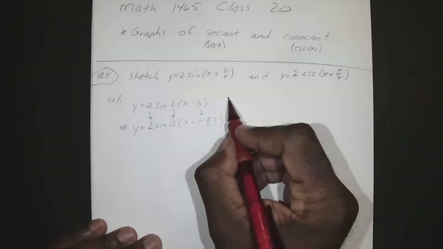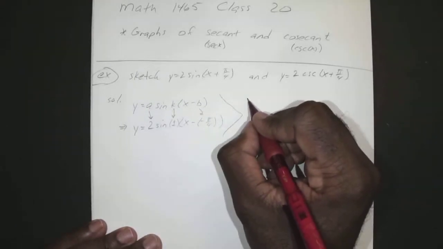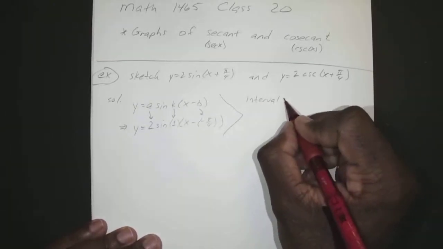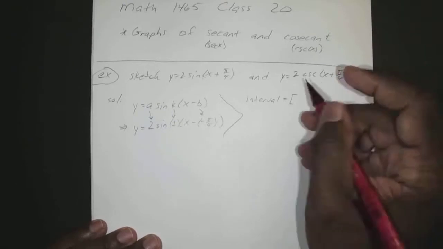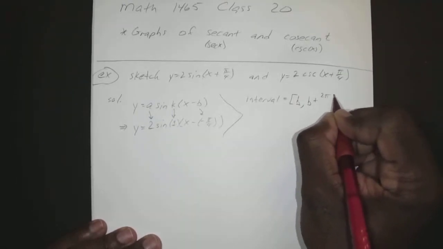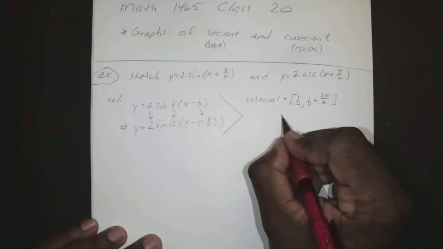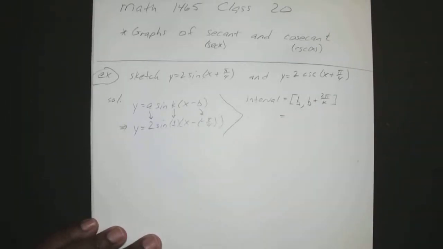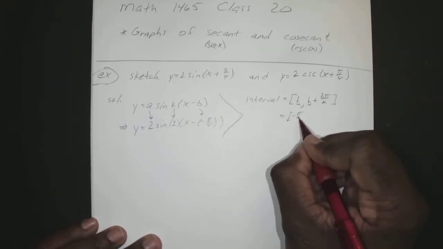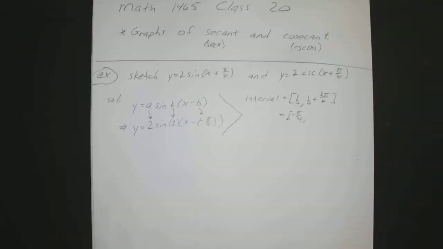Okay, so putting all of that into perspective, we know our interval, which is from b to b plus 2 pi over k. Actually, we got to figure out our 2 pi over k first.